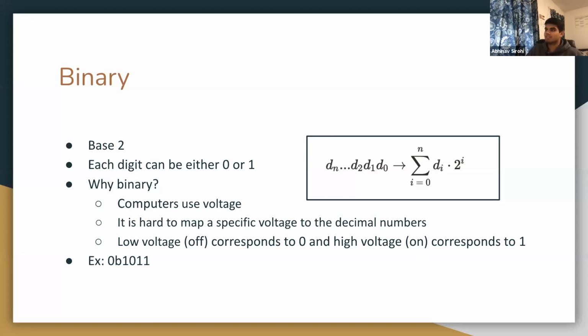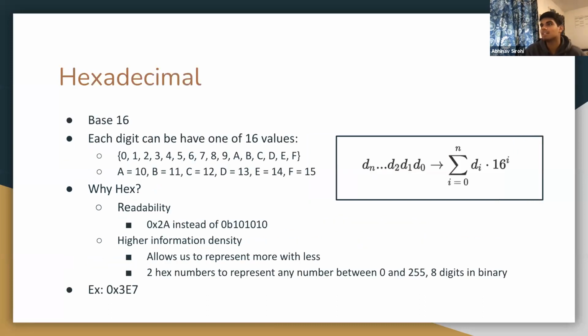This is from the last recitation, the slide, just to rejuvenate your memory. We have binary, which is base 2, zeros and ones. You should be pretty familiar with this now.